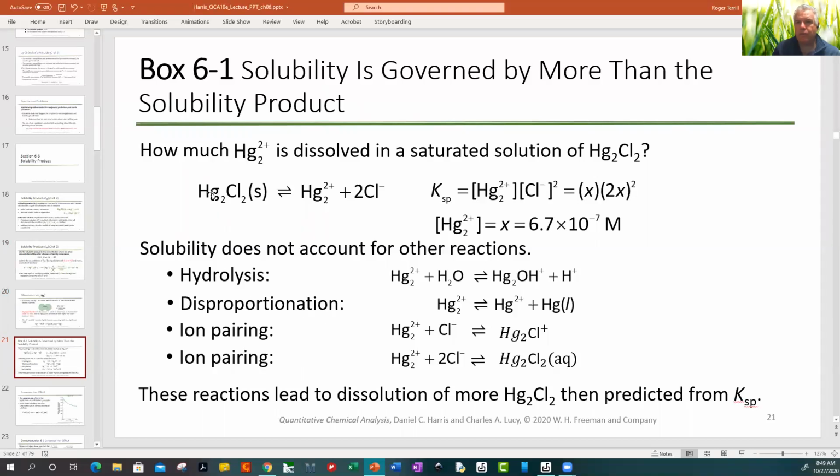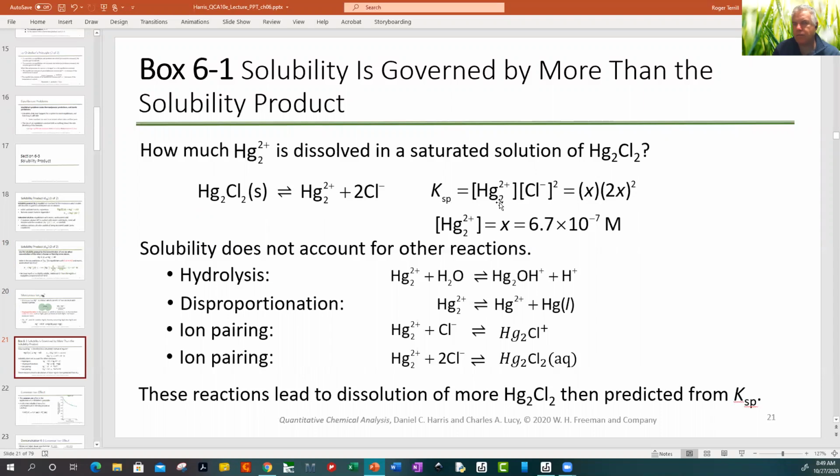So for example, in this reaction that we looked at here, we can calculate how much Hg2 2+ is in a solution of just pure water.